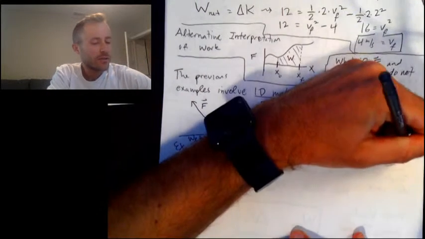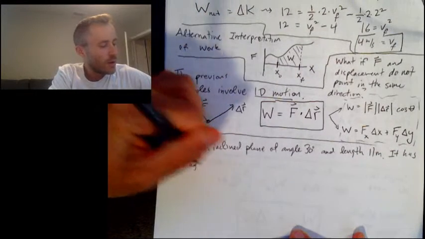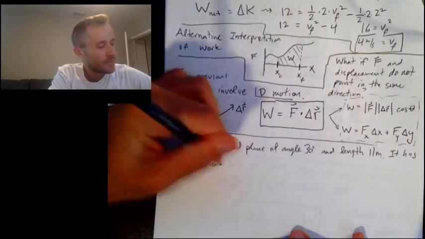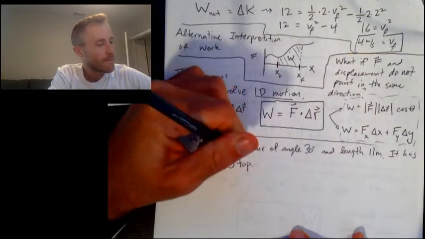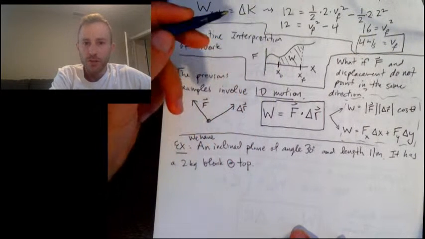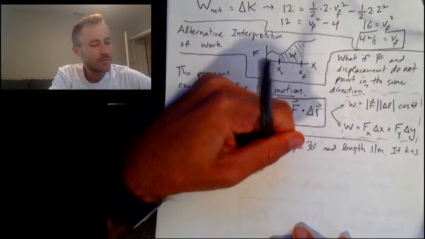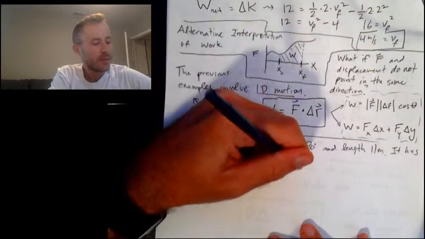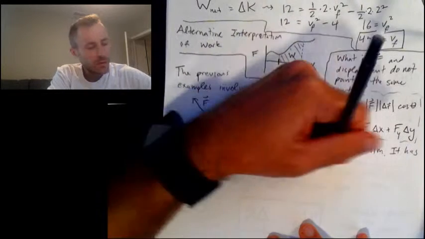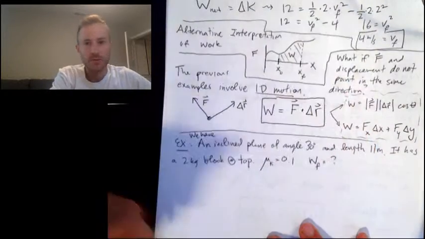It has a 2 kilogram block at the top. The coefficient of kinetic friction between the block and the incline is 0.1. What is the work done by the friction force in that case?